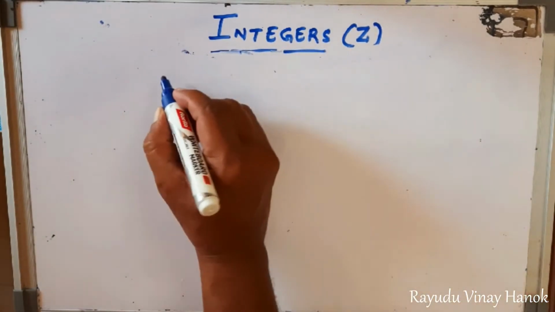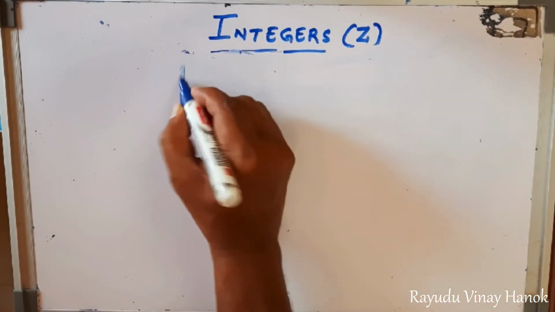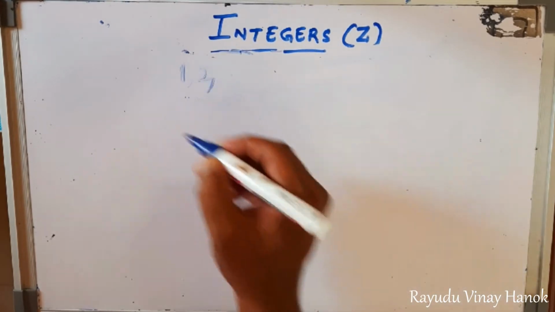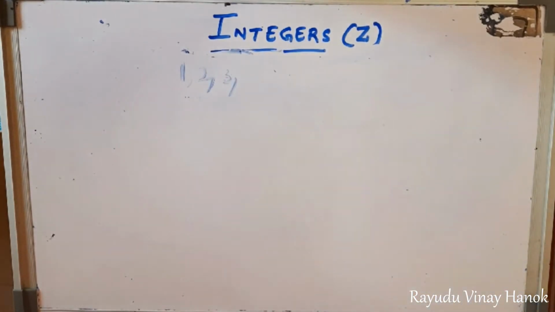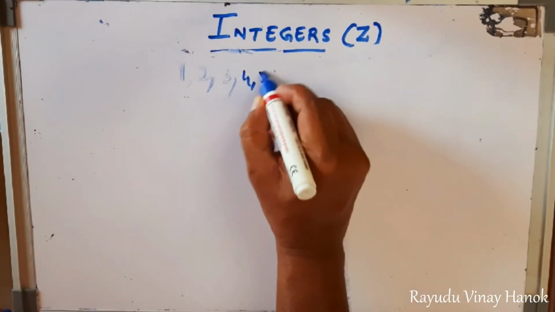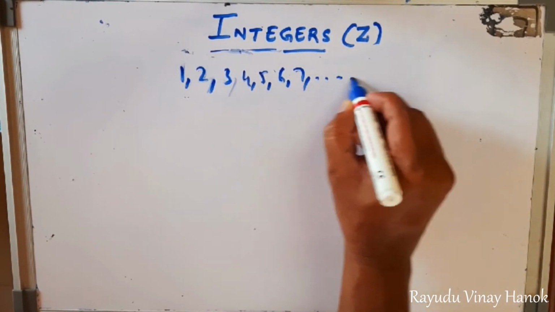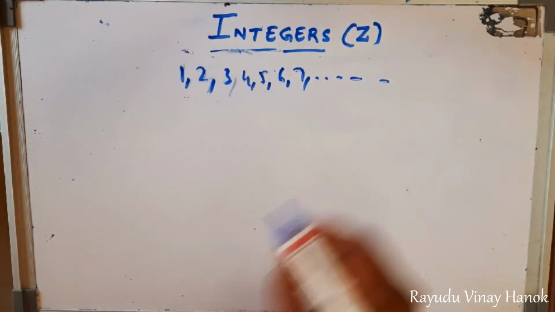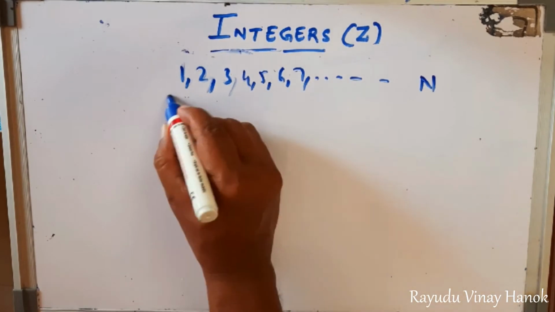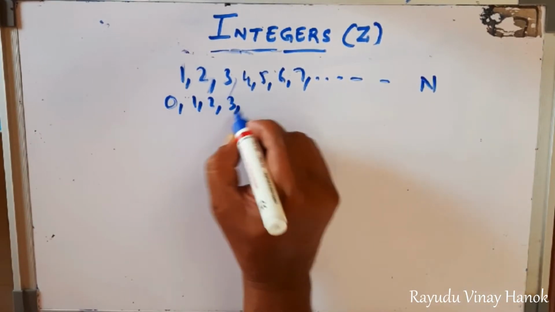Yes, you know about natural numbers. Natural numbers start with 1, 2, 3, 4, 5, 6, 7. All these you know, and so on like this. So if we attach 0 to it, we get whole numbers, right?